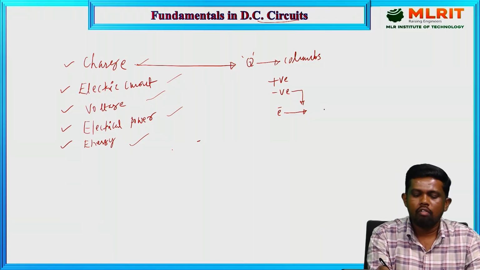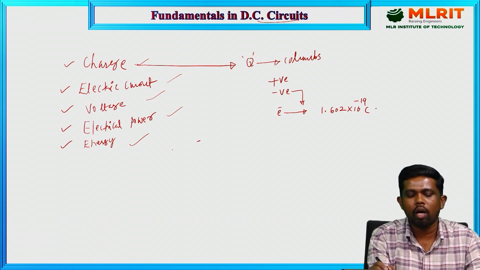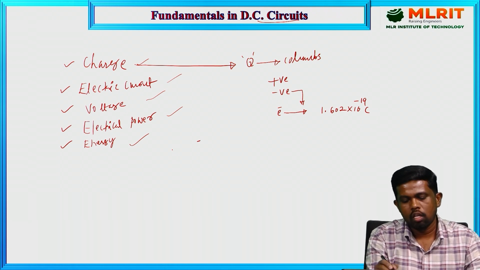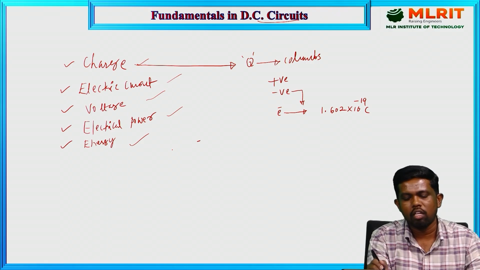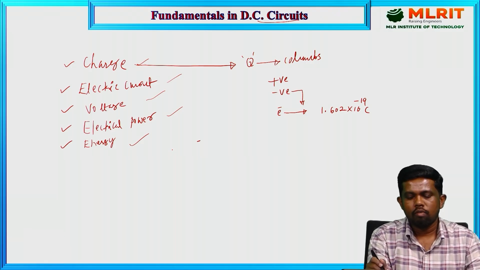The charge value of the electron is 1.602 into 10 power minus 19 coulombs. This is the negative charge magnitude.